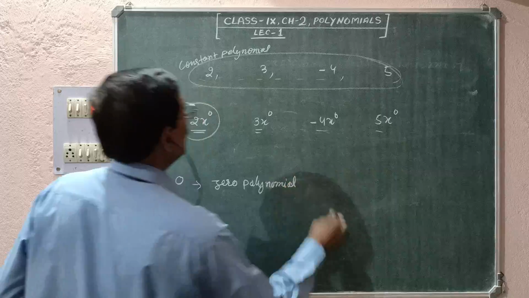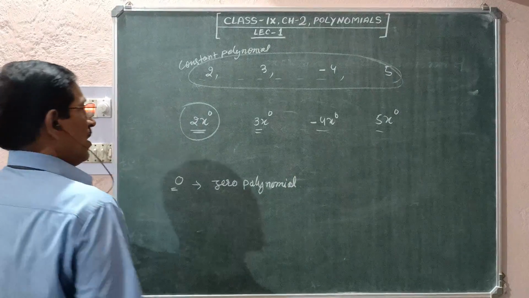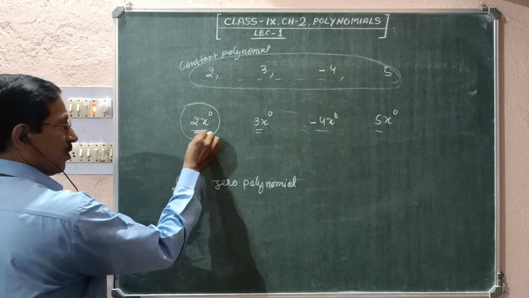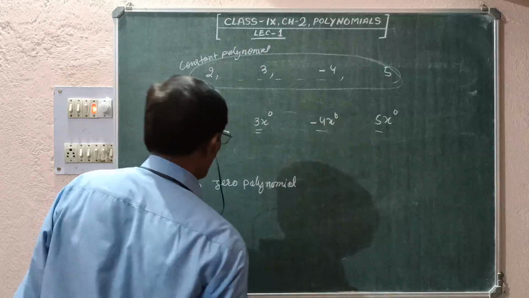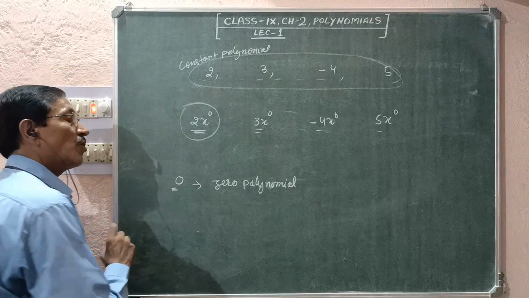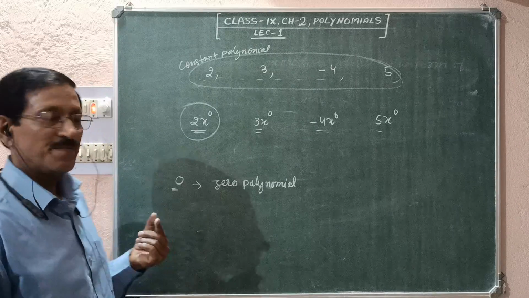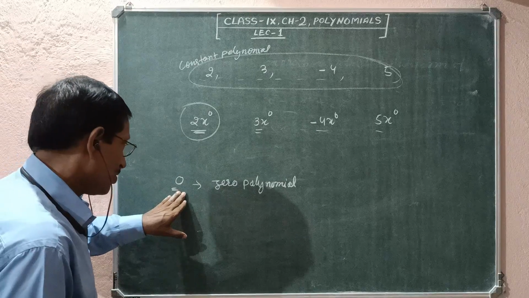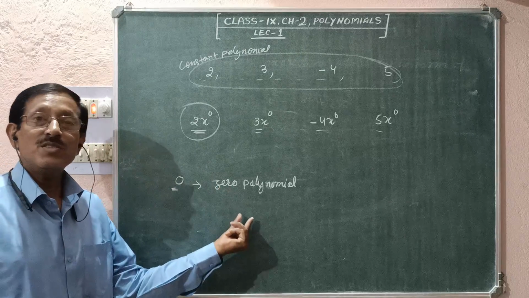Since this is a polynomial, its degree is 0, but for the zero polynomial, the degree of the zero polynomial is not defined.